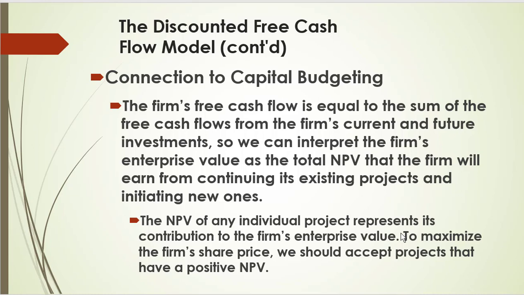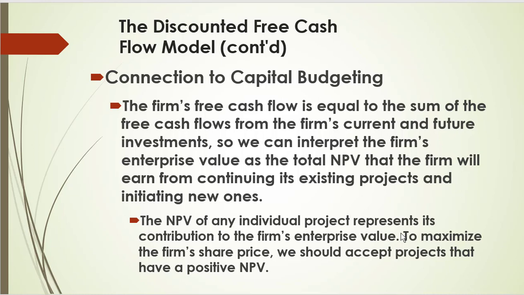This model is particularly interesting since it really has a direct connection to capital budgeting. Free cash flow is the sum of all the free cash flows that we've acquired to date, right? The current firm's free cash flow, plus the free cash flow of any future investments that they're looking at. So again, this total net present value of the company is an accumulation of what we've done to date and what we think we're going to do moving forward.